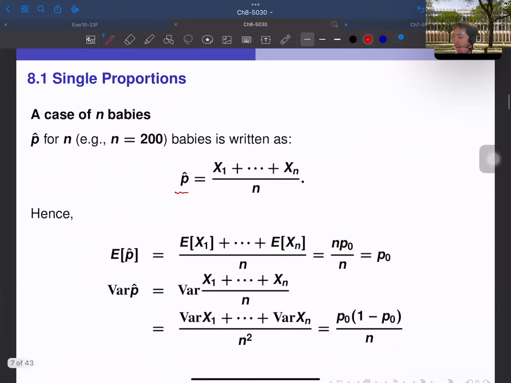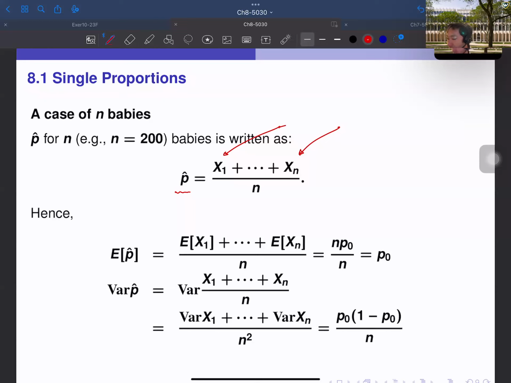So p hat, estimate of proportion of male, is realization of this indicator. The proportion of male is calculated by summation of xi's over n.